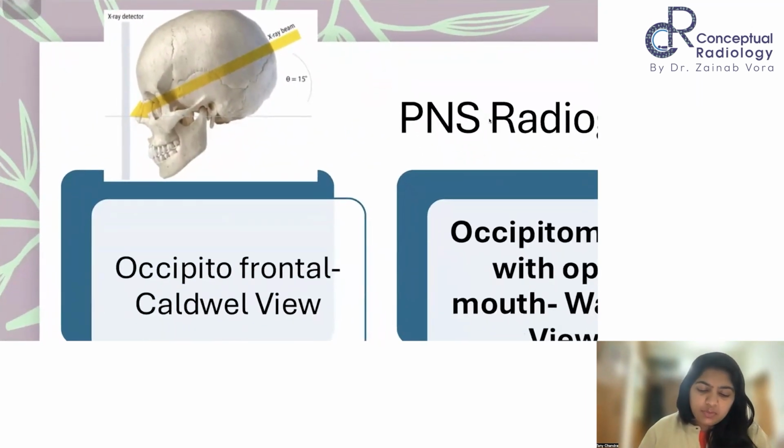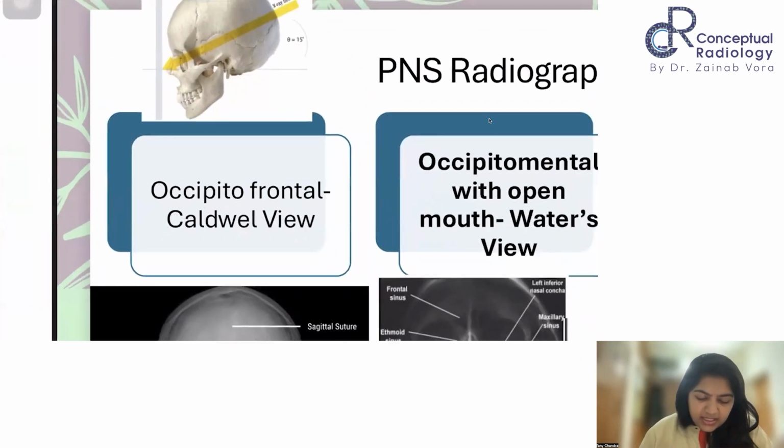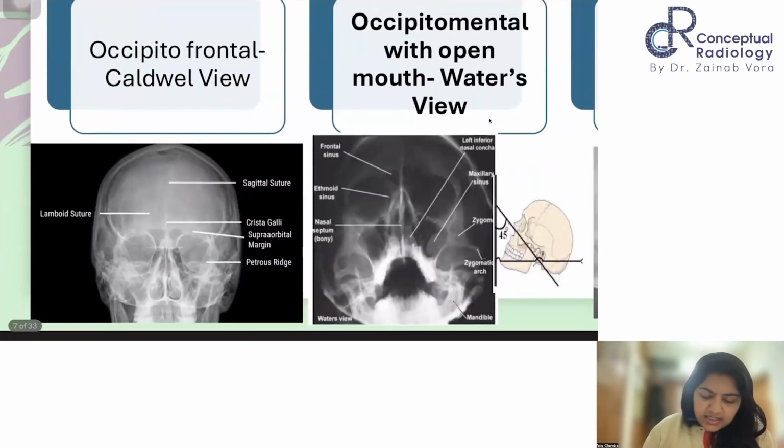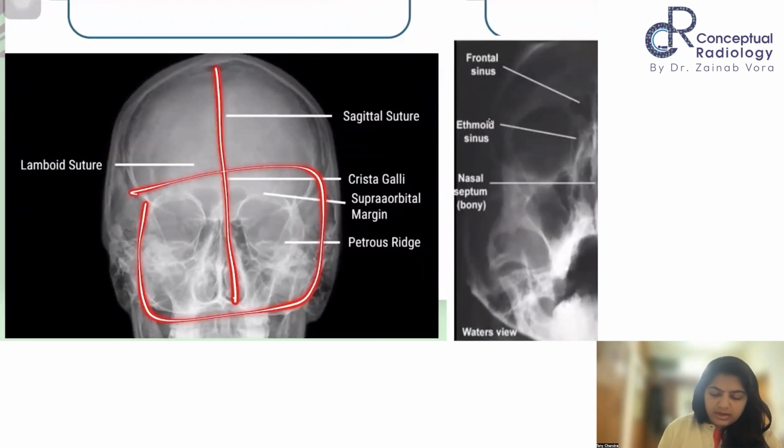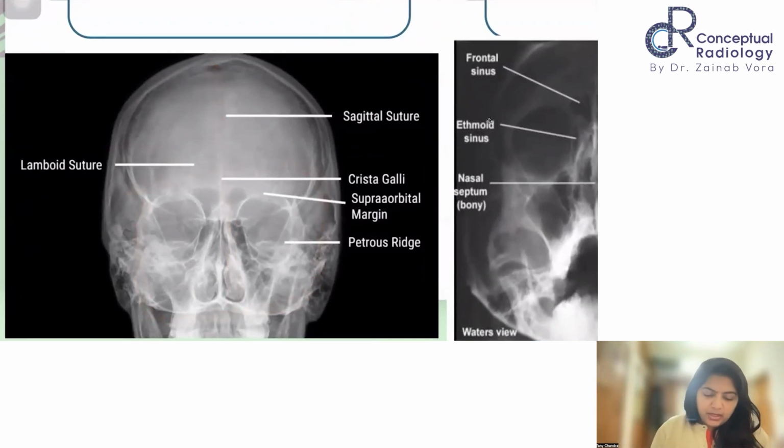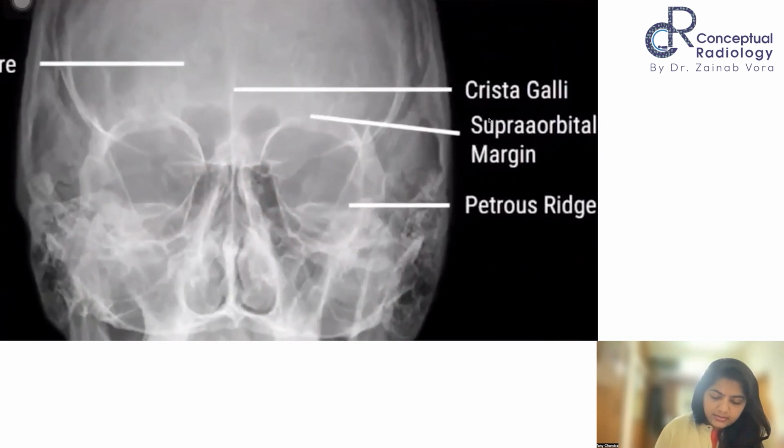Sometimes in your exam, you can be asked that. What do we see in the Caldwell view? First of all, you just check for the symmetry, that all the structures have to be on either side of the midline. You can see the frontal sinus. You can see the orbits, right? You can see part of the ethmoid air cells.